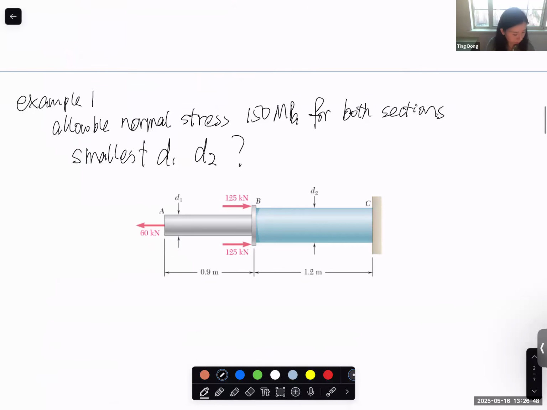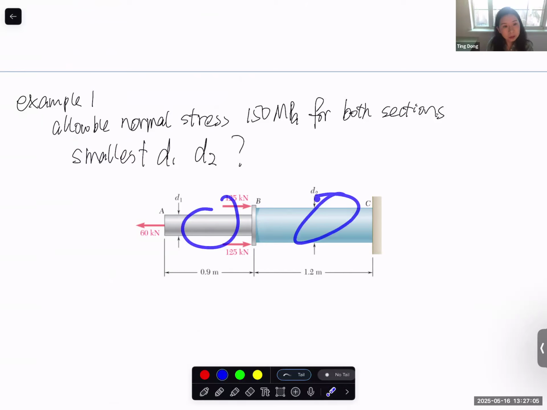Now let's check the first example problem. So for this one, it's a design problem. We have a 1D bar structure, 2 sections, and the allowable stress is given.